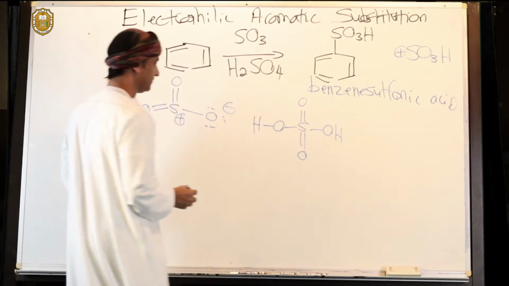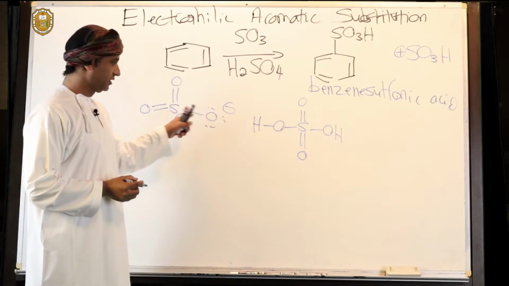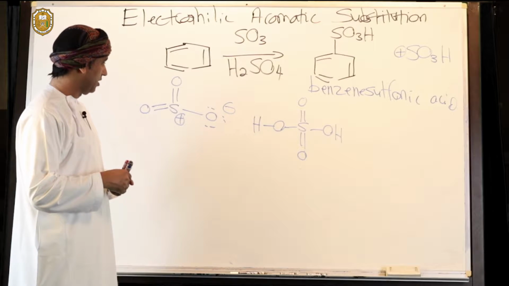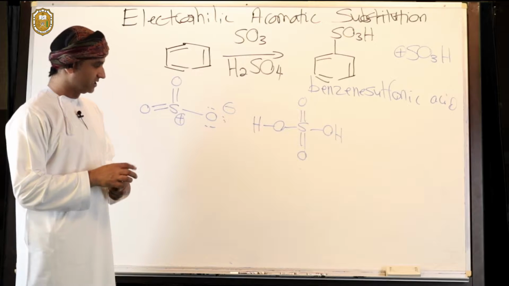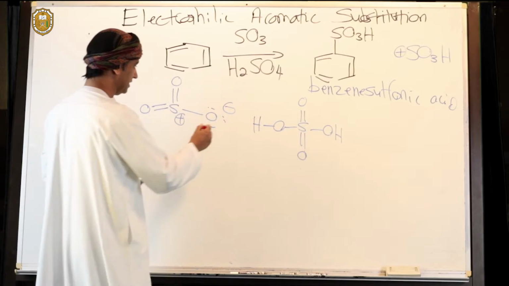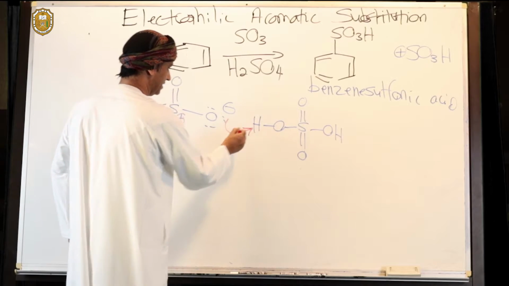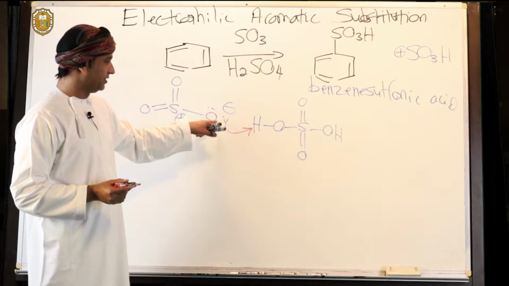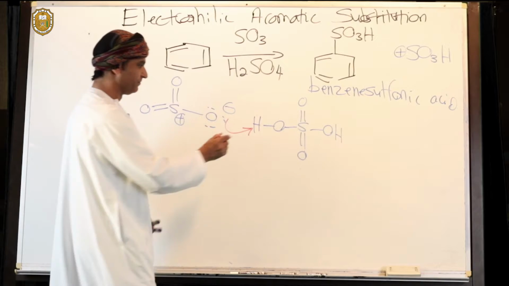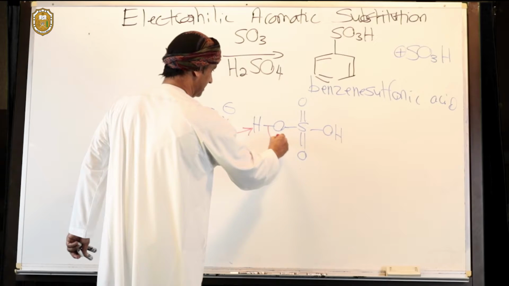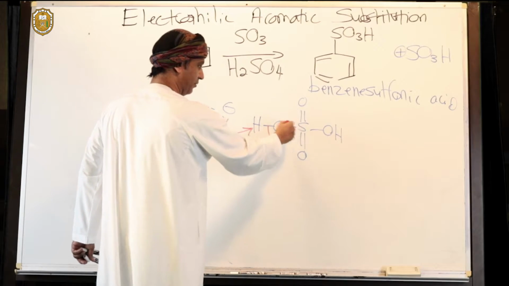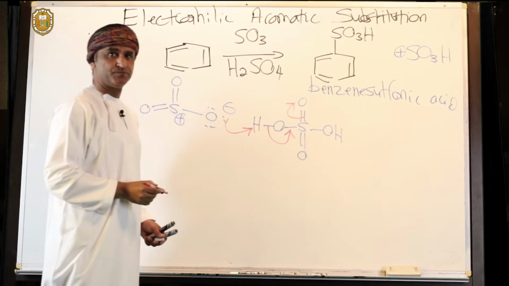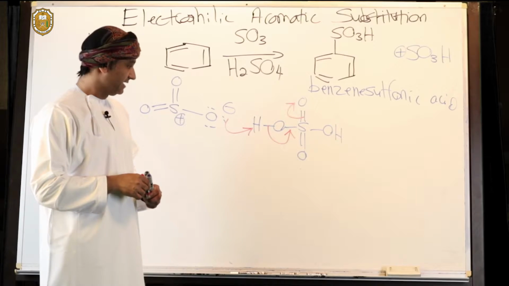So the first step would probably be protonation of sulfur trioxide using sulfuric acid. So we take one of the lone pairs on this negatively charged oxygen, and then we make a bond between oxygen and hydrogen. The hydrogen-oxygen bond is broken simultaneously. A bond here is formed as a result, and a sulfur-oxygen double bond is broken at the same time.